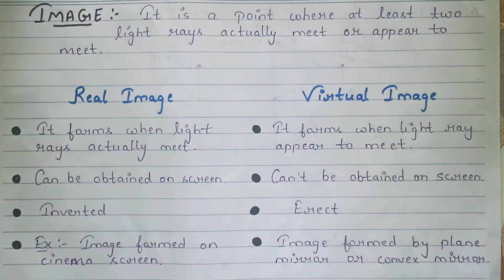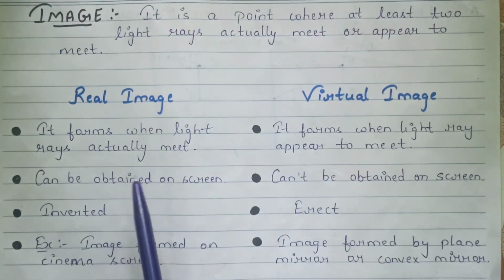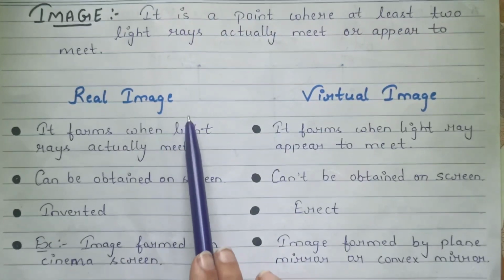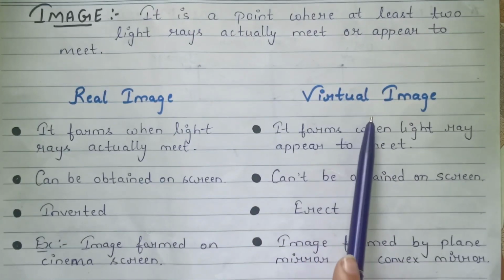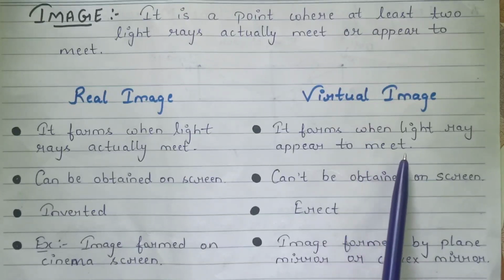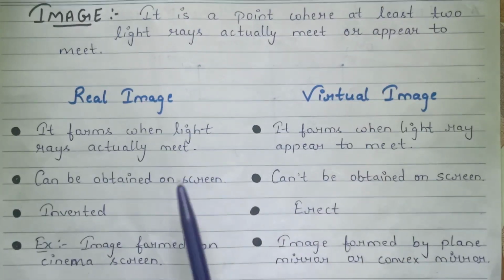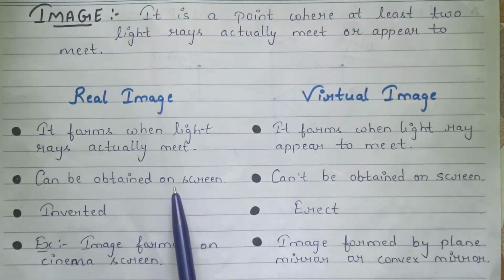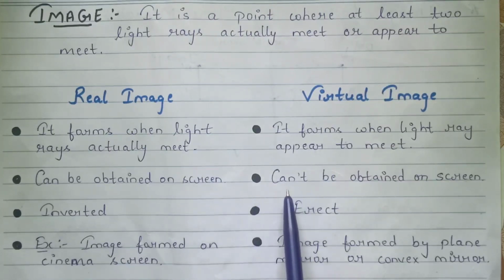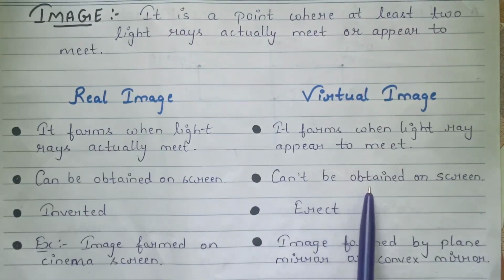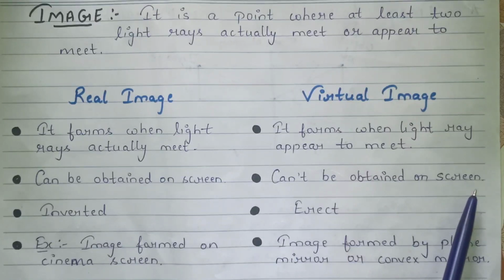A real image is formed when light rays actually meet, and a virtual image forms when light rays appear to meet. A real image can be obtained on a screen, but a virtual image cannot be obtained on a screen.